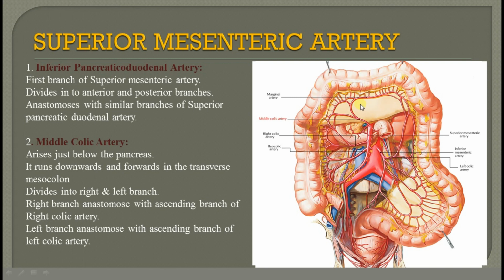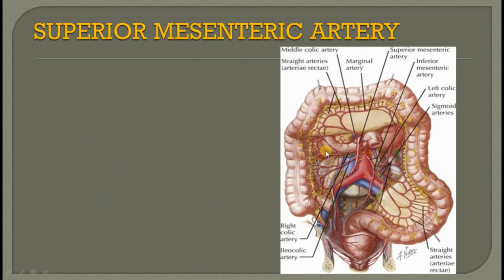So, the middle colic left branch will anastomose with the ascending branch of the left colic artery. So, three arteries: middle colic, right colic, left colic. Middle colic and the right colic are branches from the superior mesenteric, whereas the left colic is a branch of inferior mesenteric. The next artery we are able to see here is the right colic artery.